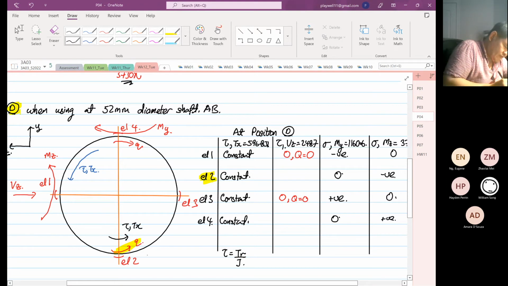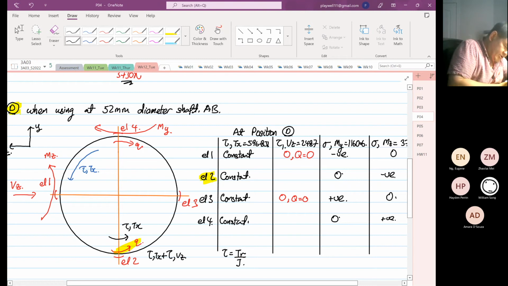Okay, so for this case, the shear stress due to the torque in X plus the shear stress due to the shear force, which is Vz.